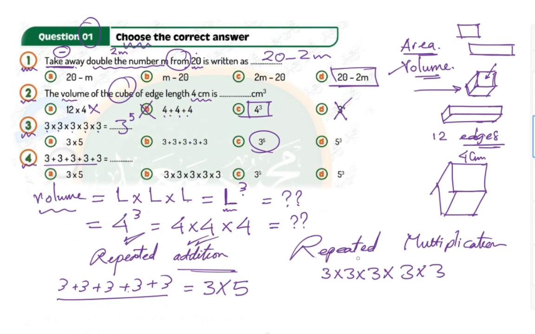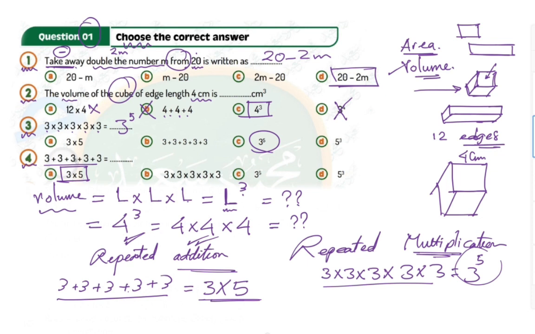But repeated multiplication is a power, 3 with power 5. So repeated addition is just multiplication, but repeated multiplication gives us the power or exponent. The right choice here is 3 by 5.